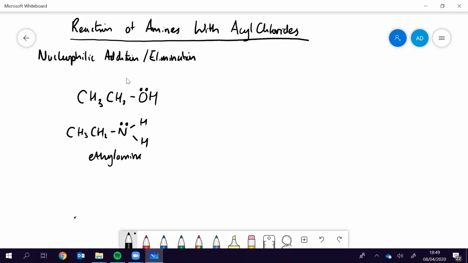And we've seen how they are going to react with an acyl chloride. So if I draw an acyl chloride backwards, in the case of the oxygen, the lone pair is going to attack that carbon, because of course that carbon is delta positive. So that's the nucleophile there.